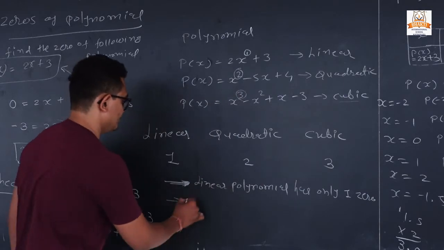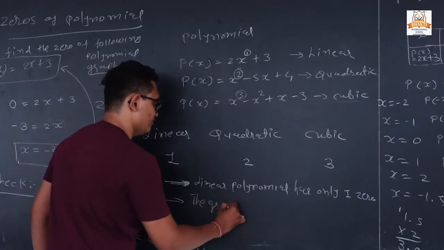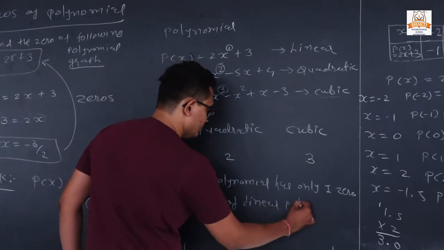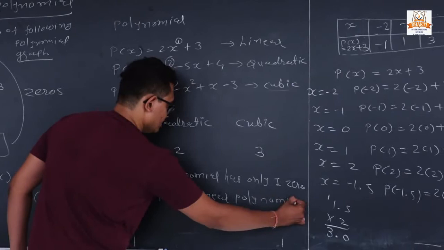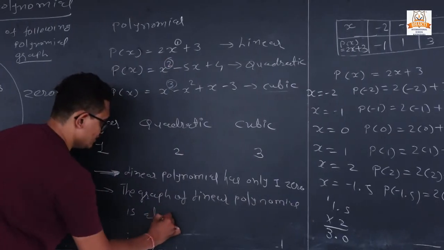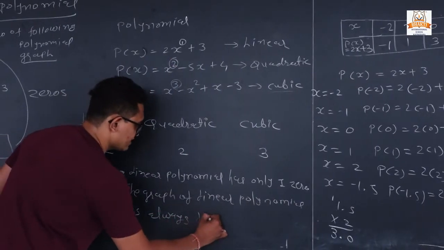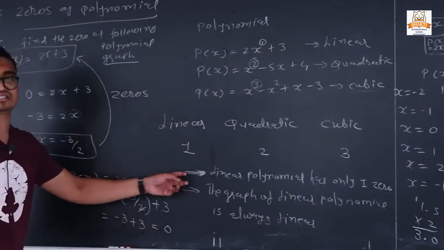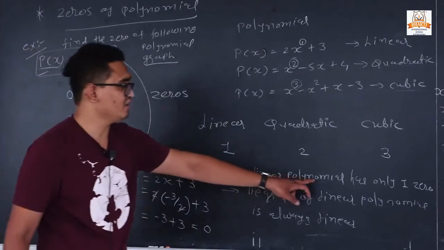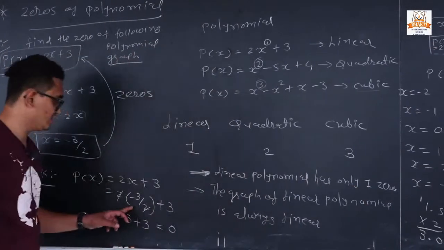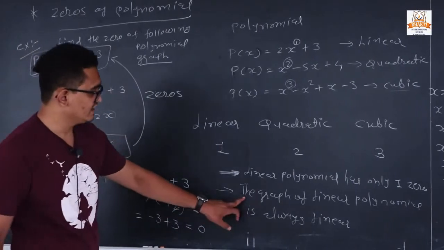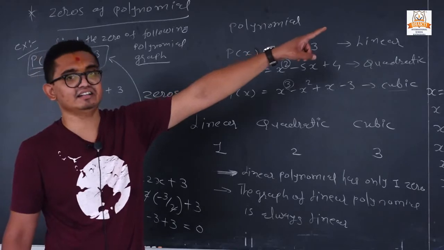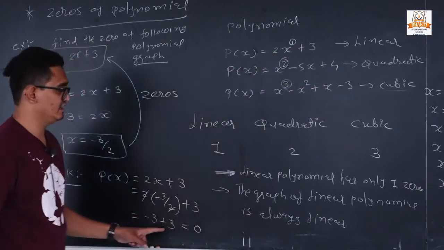Second thing, the graph of a linear polynomial is always linear. You need to remember those two things. A linear polynomial has only one zero, only one value of zero. Second, the graph of a linear polynomial is always a linear graph. That is the pattern of that linear graph.